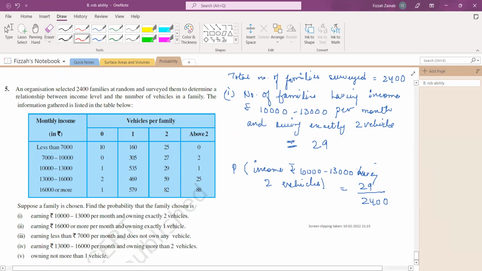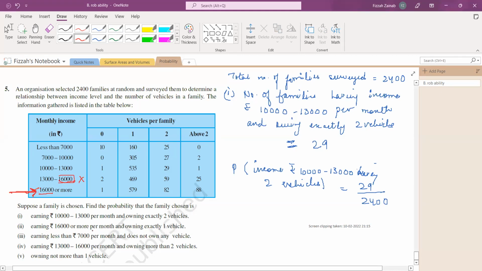The 16,000 is coming here also. It is coming here also. So where will you count it? The last one. Yes. So this 16,000 or more he is saying. So we will not look at this 16,000. This 16,000 is included here, right? So basically this row you have to see. And so you will do it, okay?